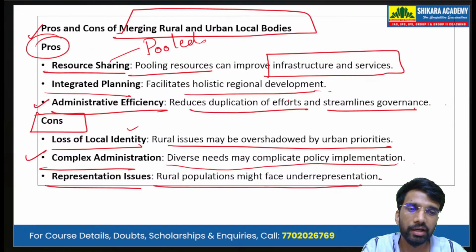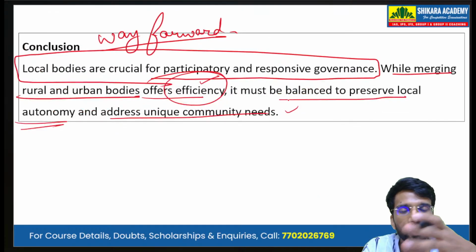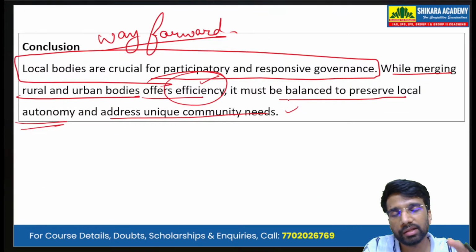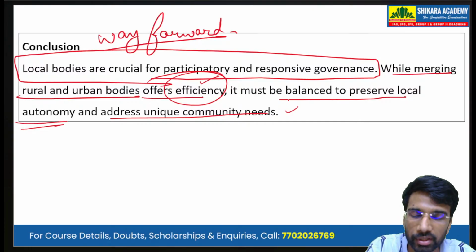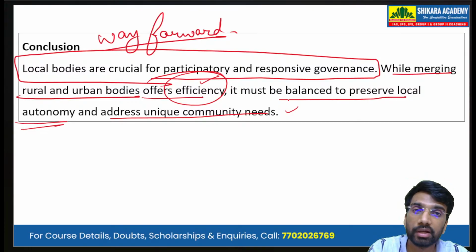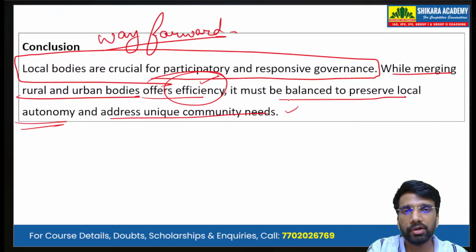Certain sections of society or certain regions, like the rural areas, should not feel that they are underrepresented or that their concerns are overlooked. Okay, so that was our discussion.